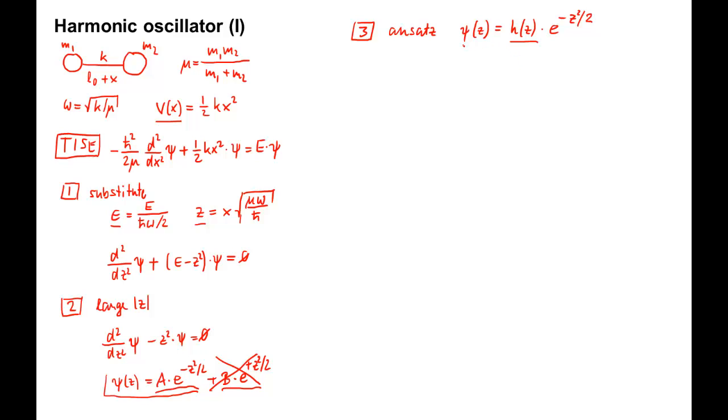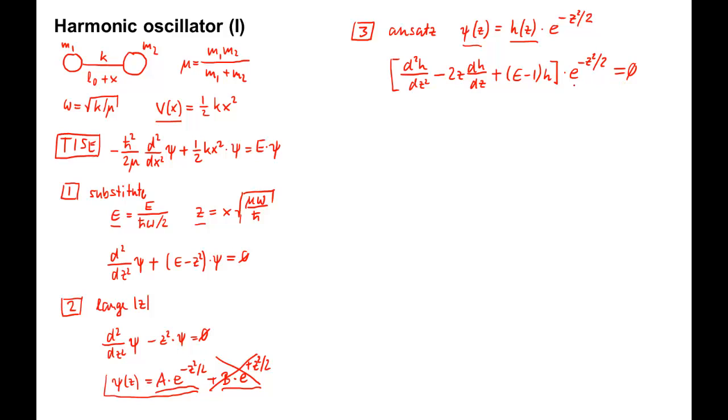Substituting this form of psi of z into the Schrödinger equation gives d squared h over dz squared minus 2z times dh dz plus epsilon minus 1 times h, and all that times e to the negative z squared over 2 equals 0.